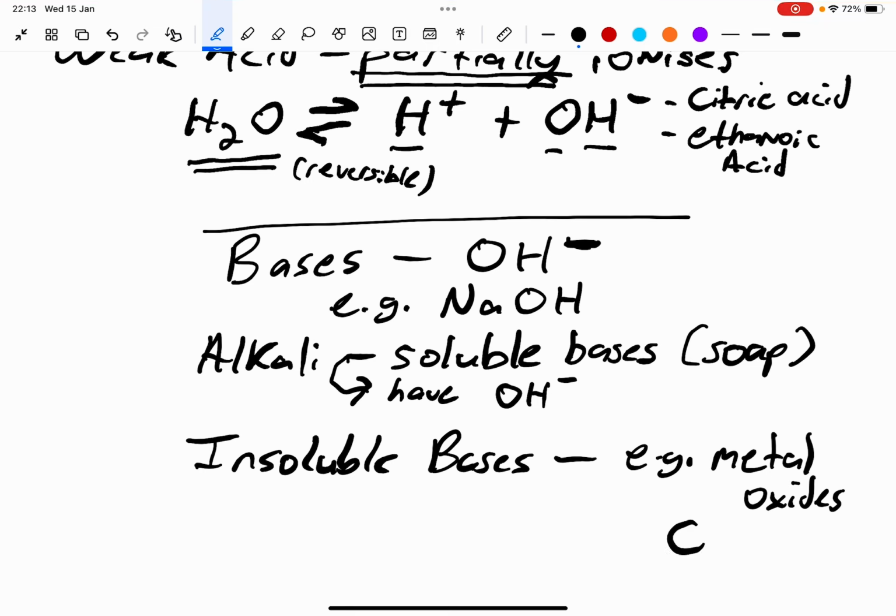So, for example, copper oxide would be an insoluble base. It will react with an acid, but it is insoluble in water, as well as our metal carbonates. They are also insoluble.